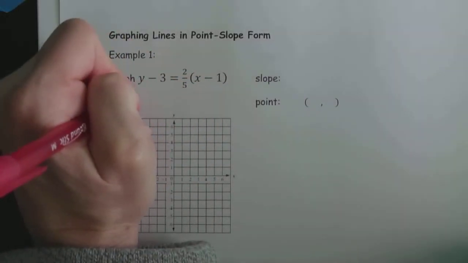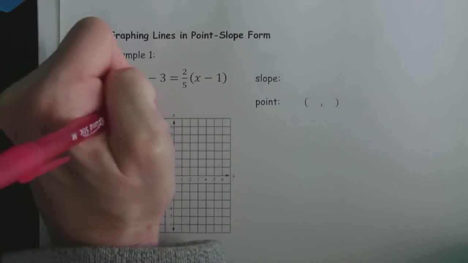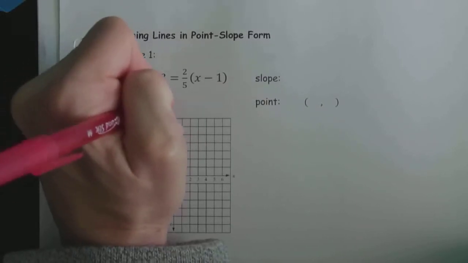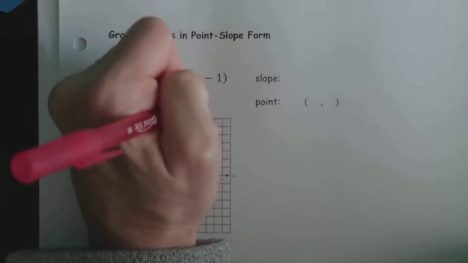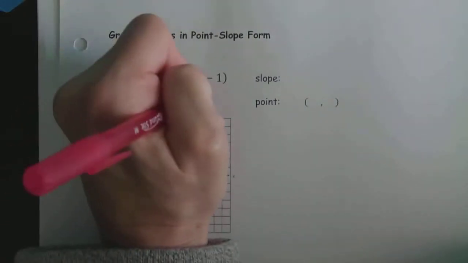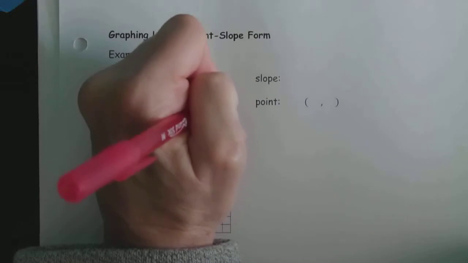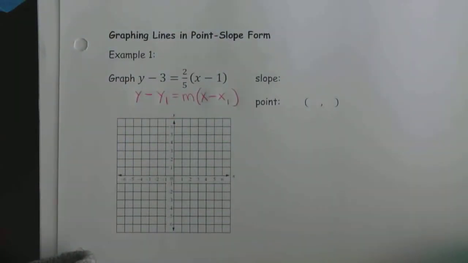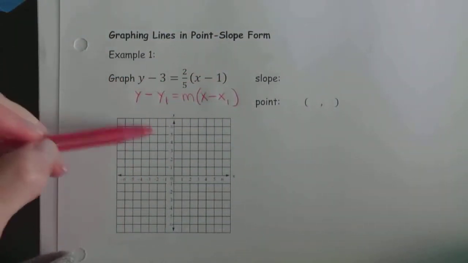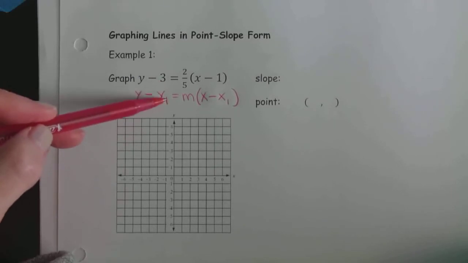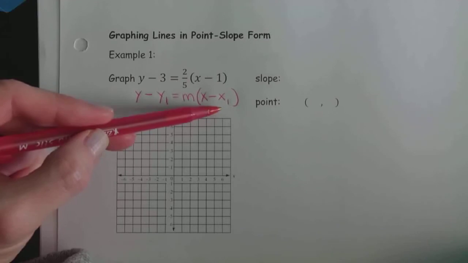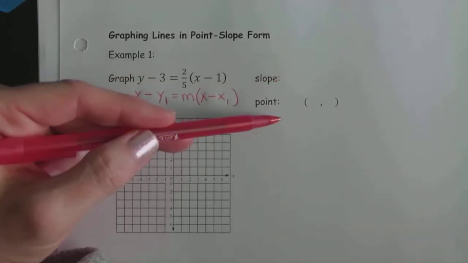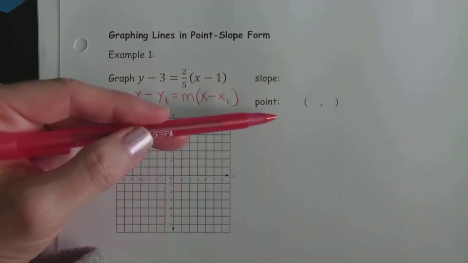So let's remember point slope form is y minus y sub 1 equals m times the quantity x minus x sub 1. So you can really see the connection here. The 3 is sliding in for the y sub 1, the 2/5 for the m, and the 1 for the x sub 1.